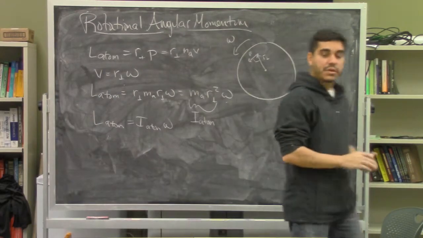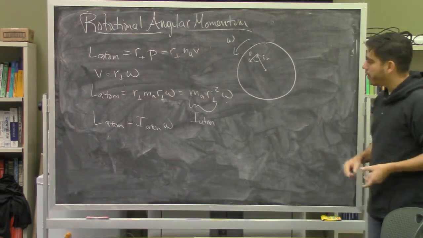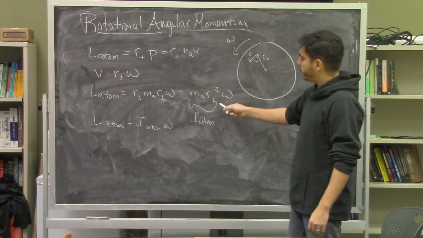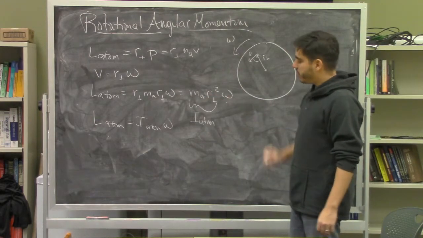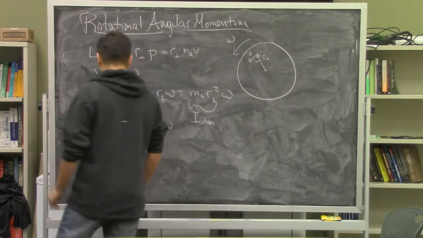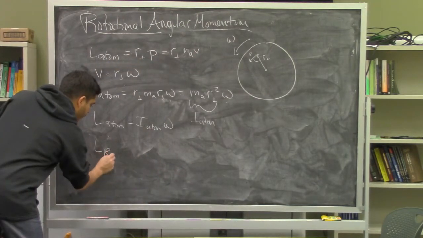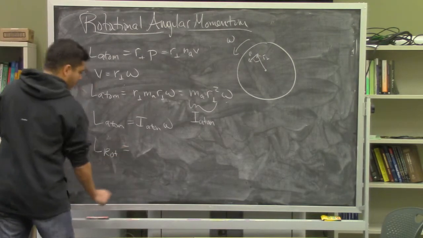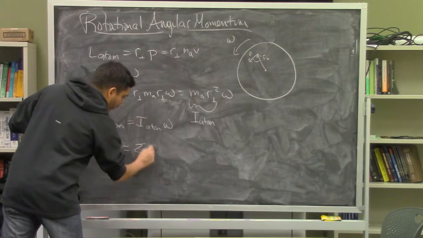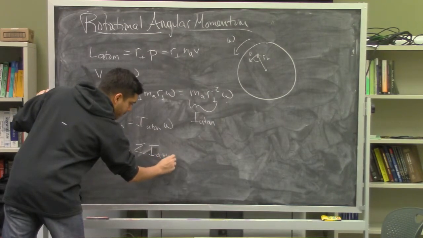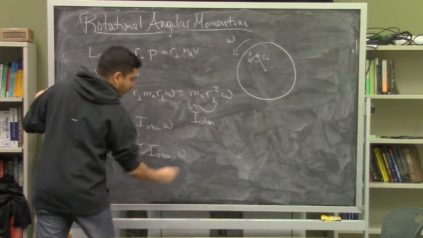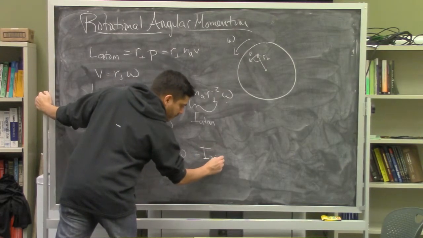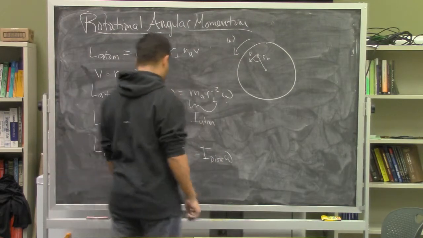Well, that's very nice, because we can think about adding up all the atoms in the disk. If we add up all the atoms in the disk, we're going to have different r perpendiculars for each one. They're all going to have the same omega. And so when we want to calculate the total rotational angular momentum associated with this, we're going to end up calculating the sum over all the atoms, times omega, which would just give us I of whatever the object is, in this case a disk, times omega.